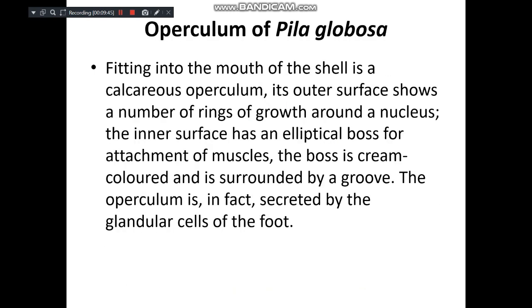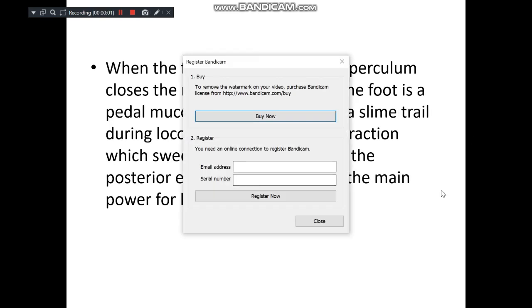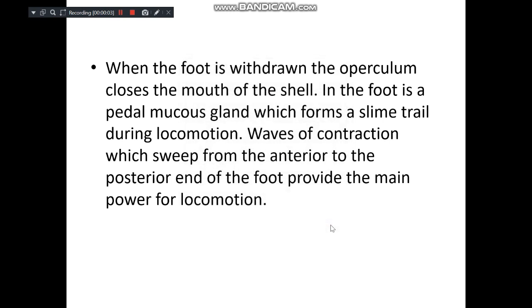A number of growth rings around the nucleus, by measuring which you can even measure the age of that one. And that is also made up of calcareous material. When the animal is withdrawn, the operculum closes the mouth of the shell.